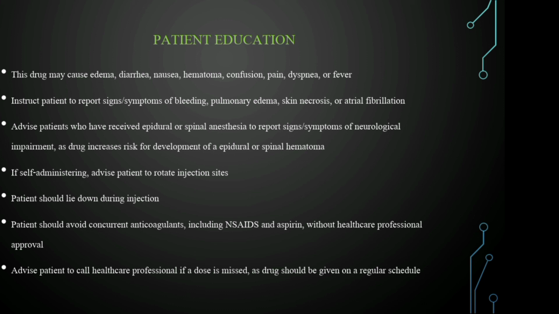And we also have to instruct the patient to report any signs or symptoms of bleeding, pulmonary edema, or any kind of skin necrosis or atrial fibrillation. And we also have to advise patients who are receiving spinal anesthesia or epidural anesthesia to report any neurological impairment symptoms or signs, as this drug increases the risk of the development of spinal hematoma and even epidural hematoma.